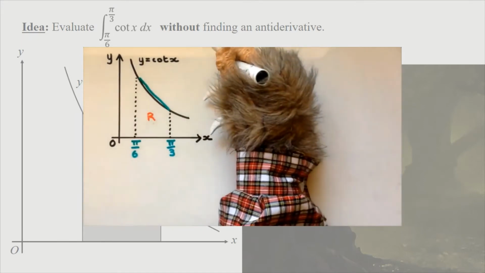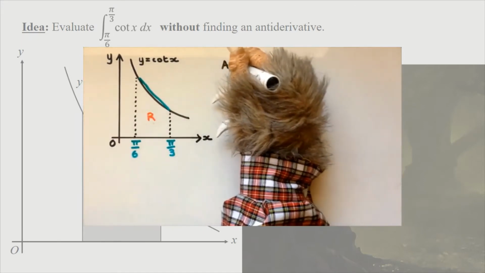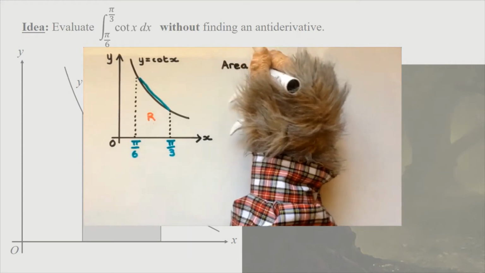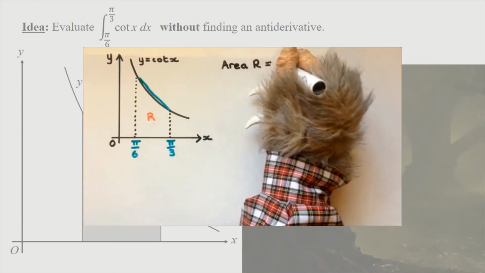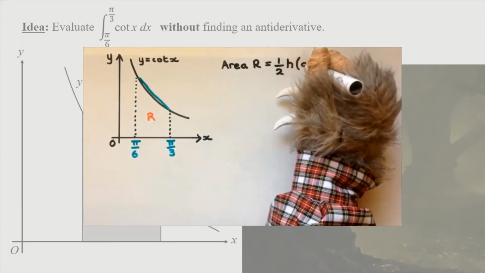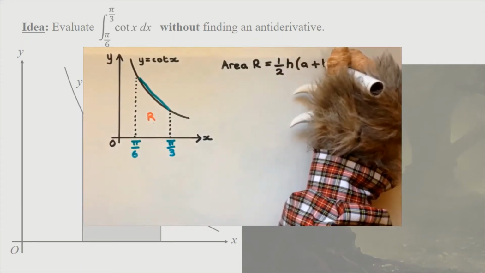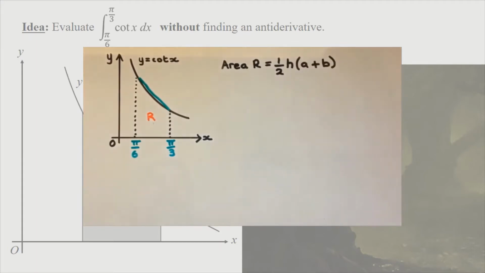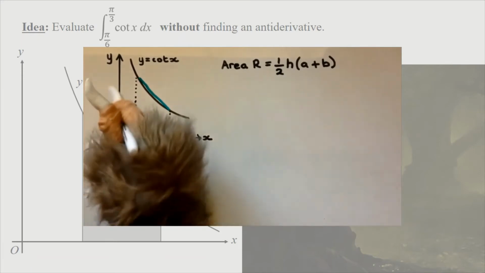So the area of R is just going to be a half of h times a plus b, however you want to call it. Remember that a and b are the two parallel sides. I'll label those on here.